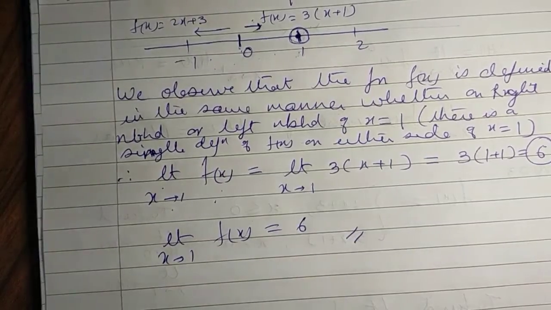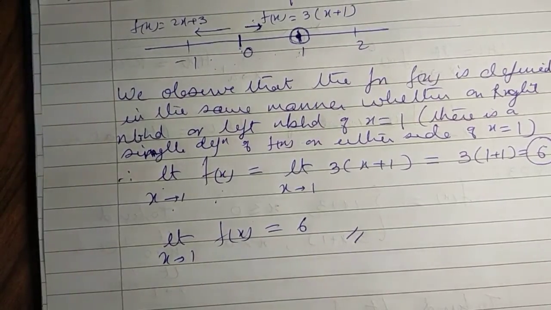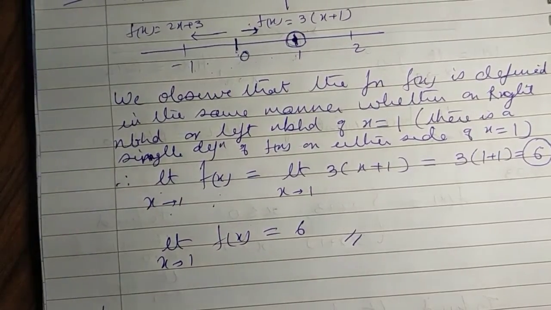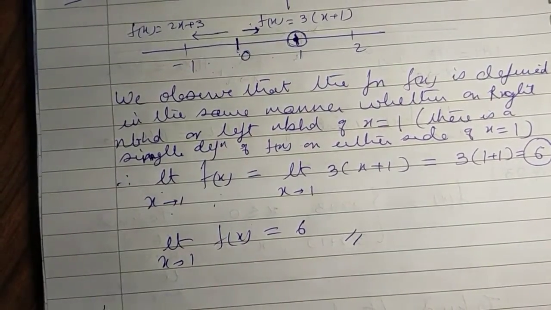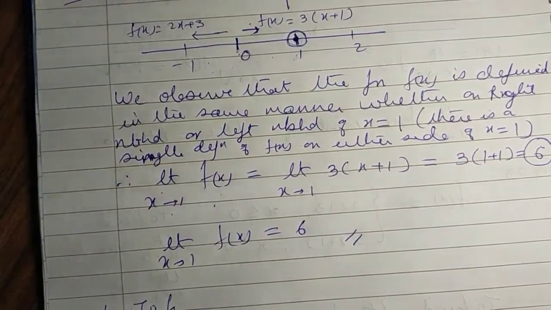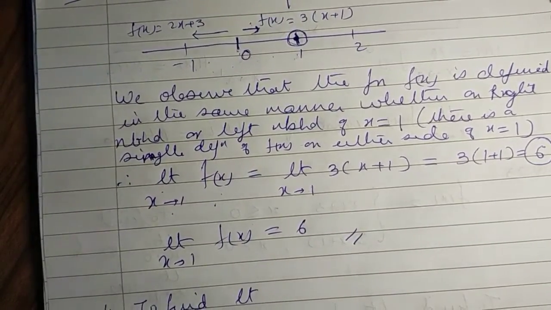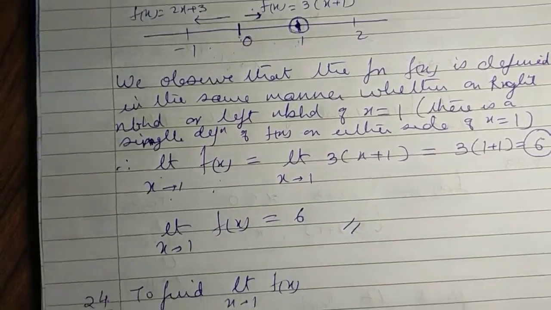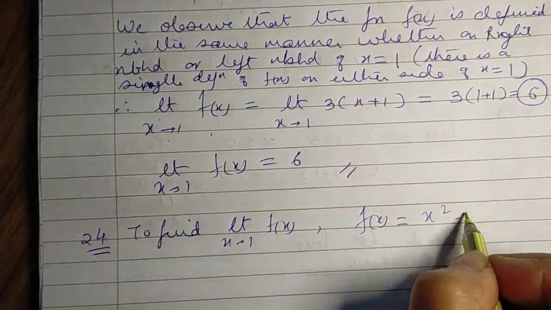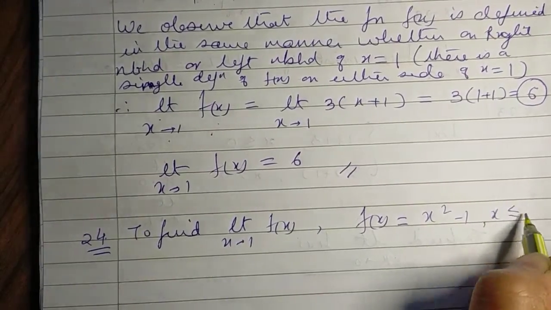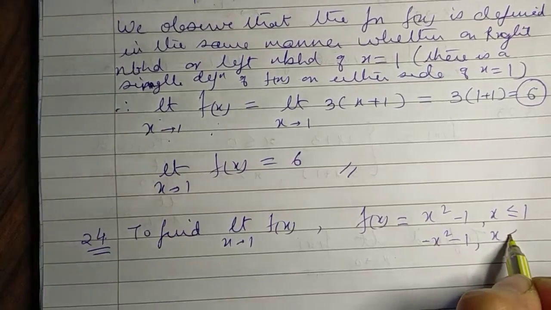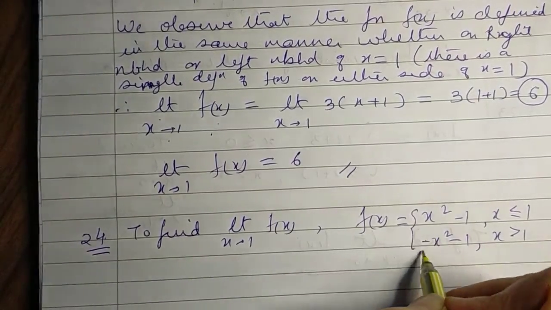Now let us do one more question to further make the procedure clear. Question number 24, we have to find the limit as x tends to 1 of f(x), where f(x) is defined as x squared minus 1 when x is less than or equal to 1 and minus x squared minus 1 when x is greater than 1.